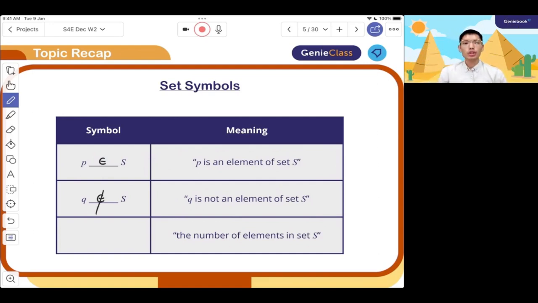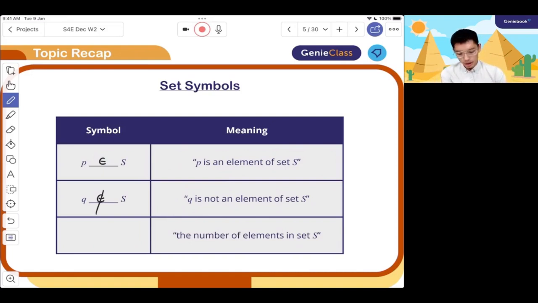Lastly, if I want to describe the number of elements, how would I write it? Quick, type your responses. What would I say as the number of elements in set S? What will be the notation I need to consider? Think about it. Once you are clear, write it down.